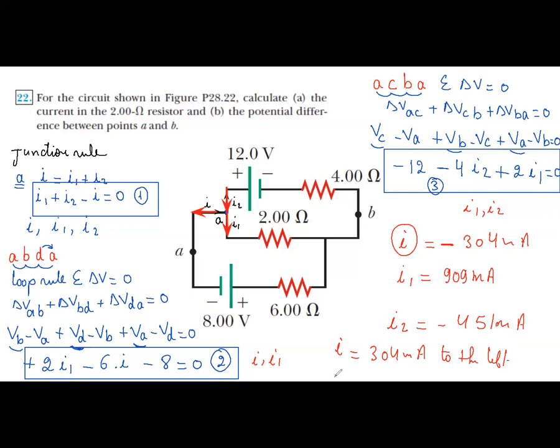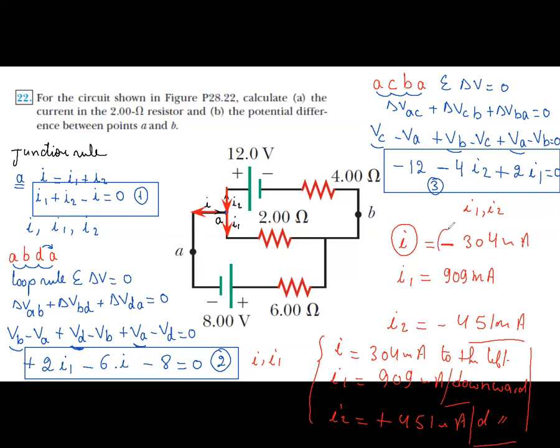And here you can say I1 equals 909 milliamperes down, and we have I2 equals plus 451 milliamperes, I2 must be down. Okay, you have to write the value as positive, and you have to specify the direction of each one if you have a negative value.